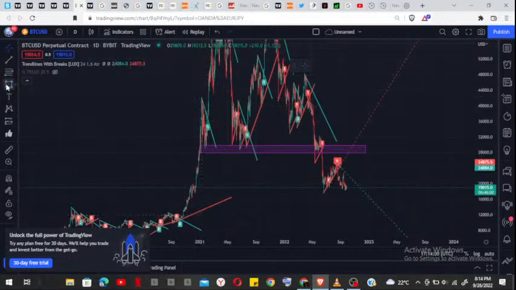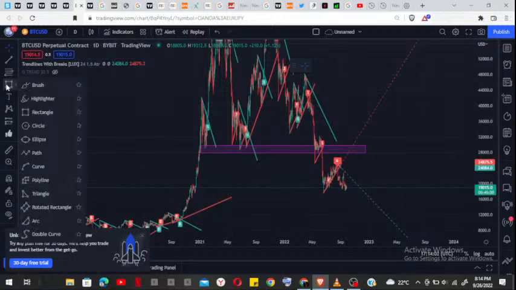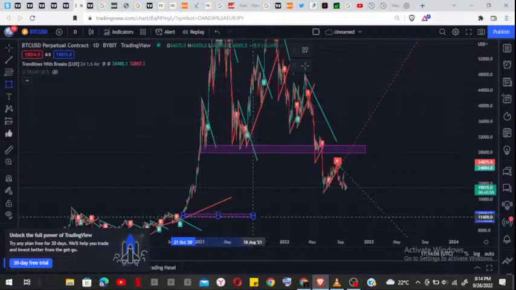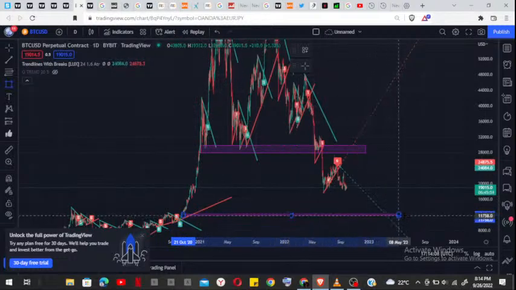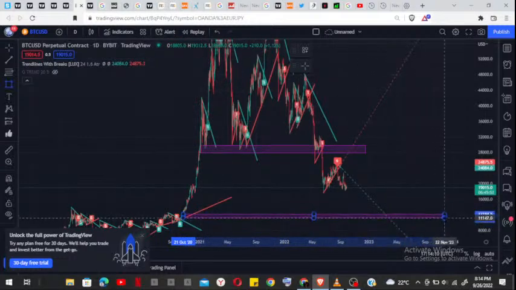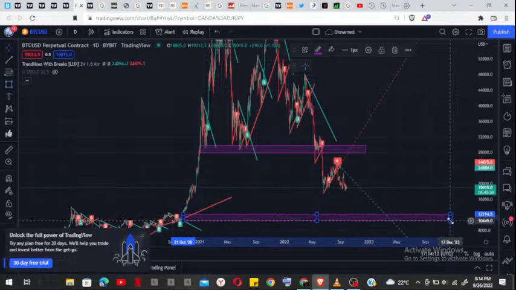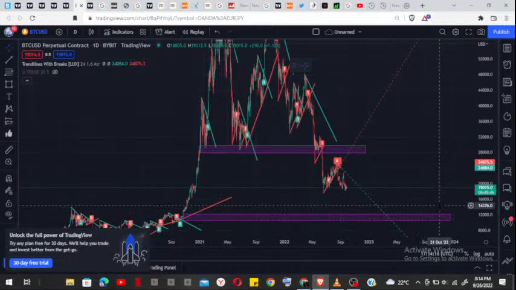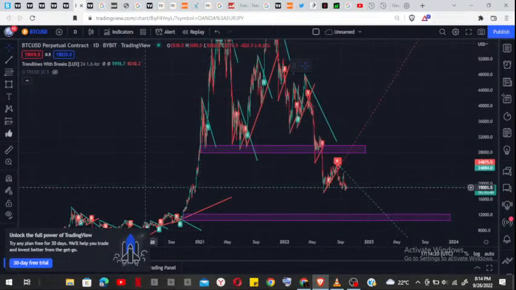What is happening? Oh, I know what's happening, I'm just using the wrong side. So this is one of the zones where people had some strong moves, and this zone over here.